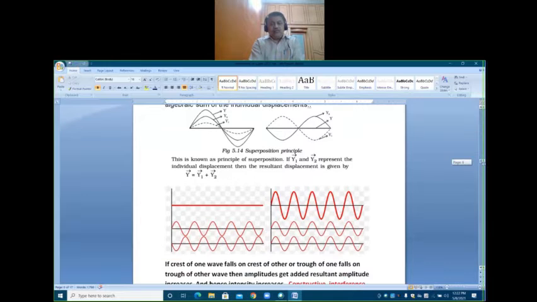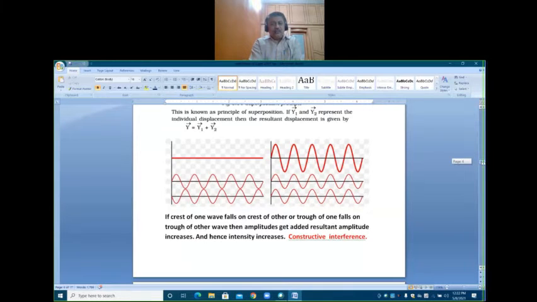The same we have seen in this diagram. When a crest and crest or trough and trough fall together, there is addition on the respective side, plus or minus. So this is constructive interference. If there is a crossover of crest and trough, then the intensity gets cancelled and becomes 0.